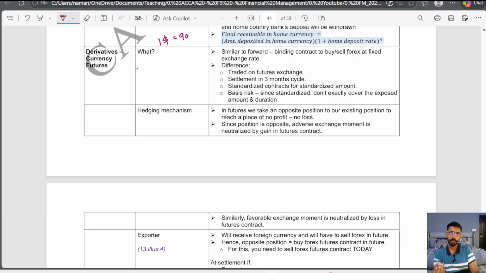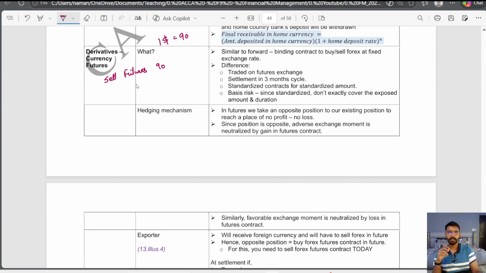So you are going to enter into a futures contract in a way that gives you benefit once the exchange rate goes down. How? You sell the futures today for 90.